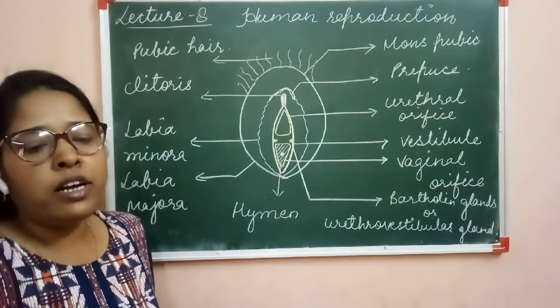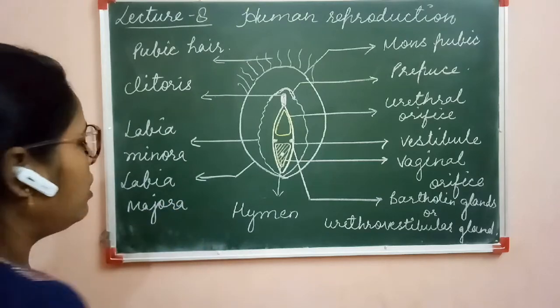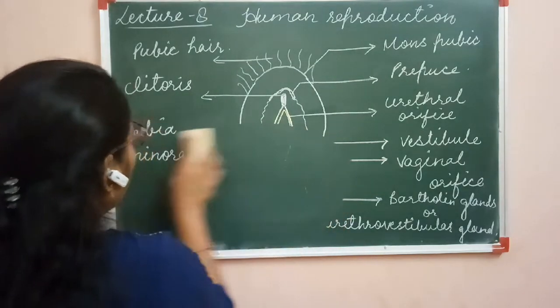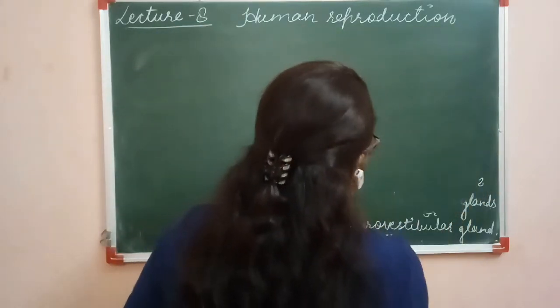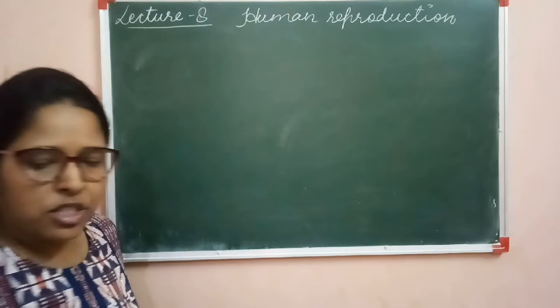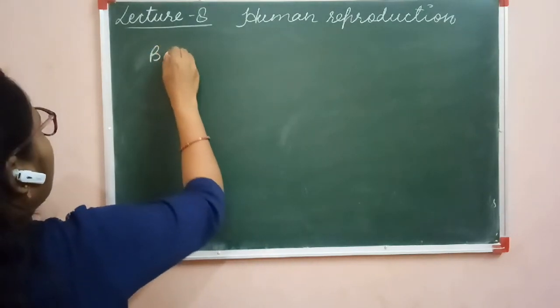Now come to the female reproductive glands. Mainly two female reproductive glands are present. First one is the Bartholin gland.